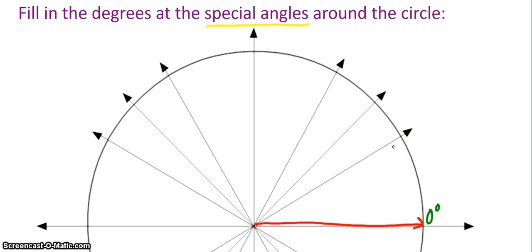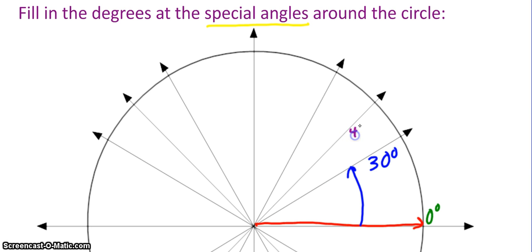So as I continue to go up, these are going to be the special angles that we just talked about, the 30, 60, 90, 45, 45, 90 triangles. So out of those triangles, we have 30, 45, 60, and then 90. So the next angle here is going to be 30 degrees, and so that 30 degrees would be this angle.